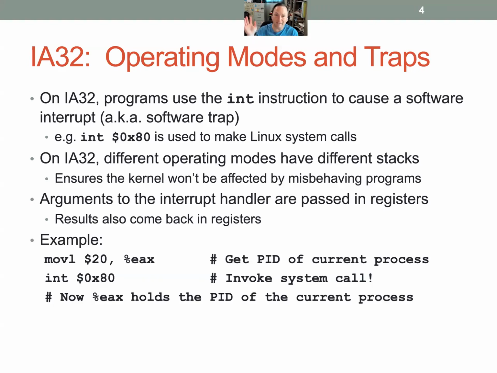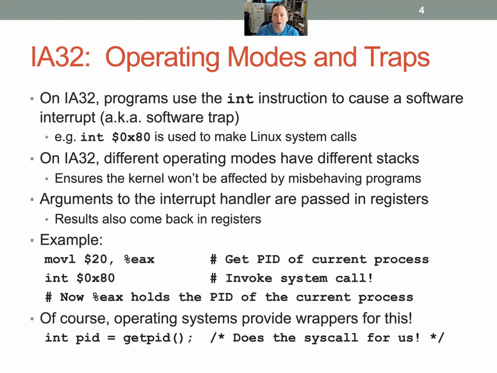You say int 80 hex, and the kernel has a trap handler registered for that interrupt. It says, hey, they want to get the process ID of the calling process. So it pulls it out of the kernel data structures, plops it into EAX, and then does an iret back to the calling process, and the process now has its process ID. It's simple as that, really.